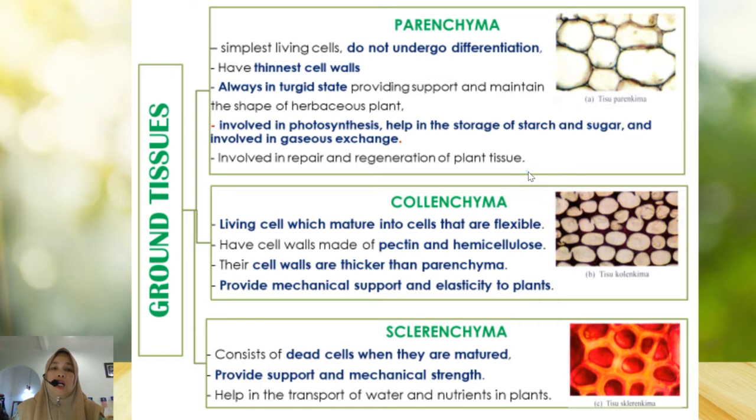So you have to know that parenchyma is a simple tissue that does not undergo differentiation. What is the function of the parenchyma? Parenchyma provides support and maintains the shape of herbaceous plants, and is also involved in photosynthesis and helps in the storage of starch and sugar.